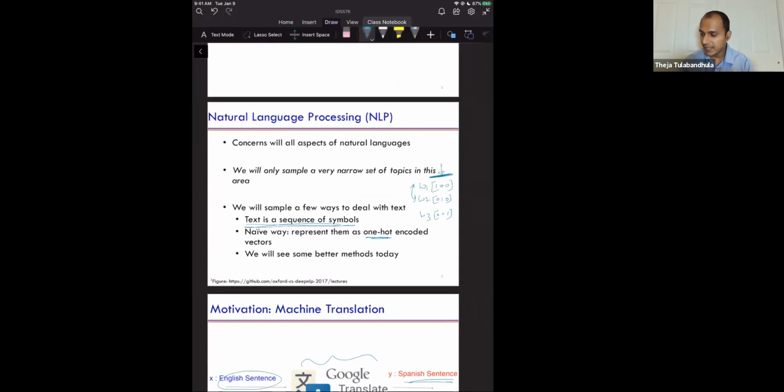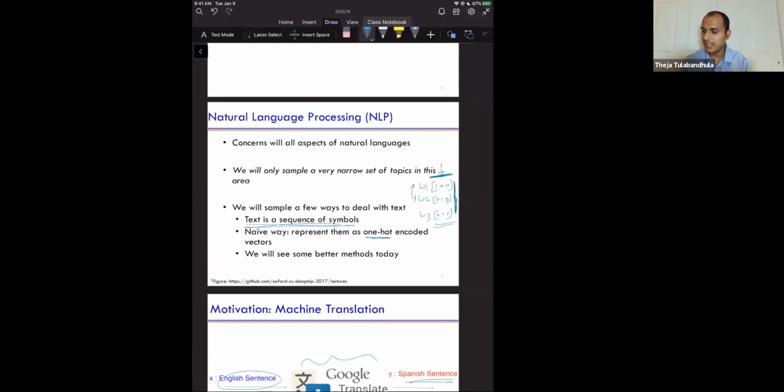If I look at these two vectors, first of all, they're not linearly dependent. If you look at a distance between these two vectors, the L2 distance is square root 2. But the distance between word 2 and word 3 is also square root 2. So distance-wise, all these words are equidistant from each other on these one-hot representations.